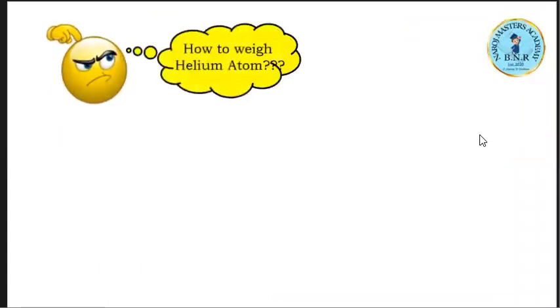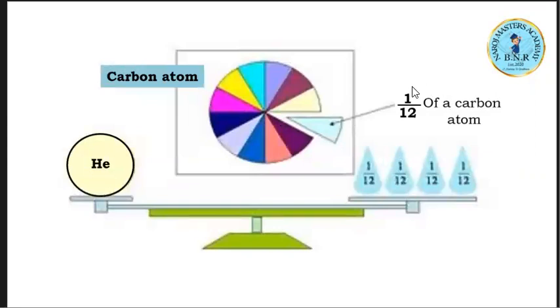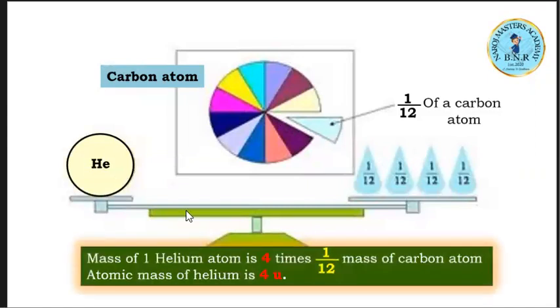Now you can think here, how to weigh a helium atom then? What is the atomic number of helium? 2. Is it right? So look at here. 1 by 12 of a carbon atom is 1 unit. So the mass of one helium atom is 4 times 1 by 12 of a carbon atom.